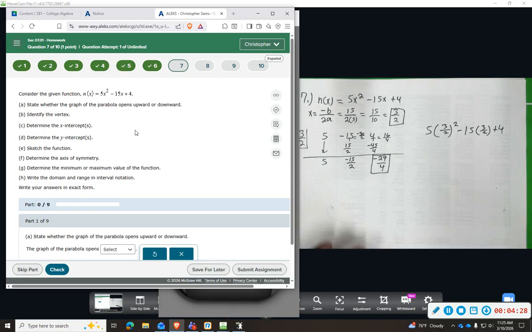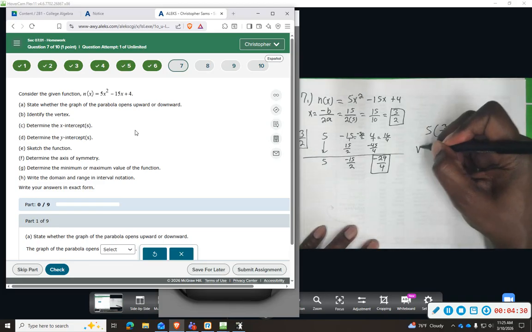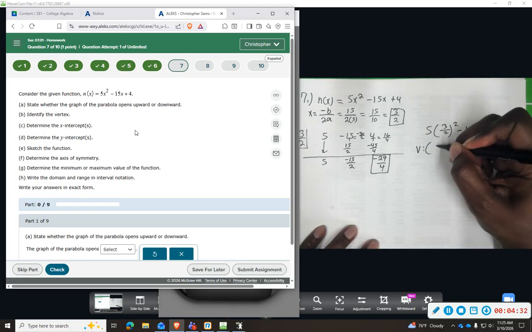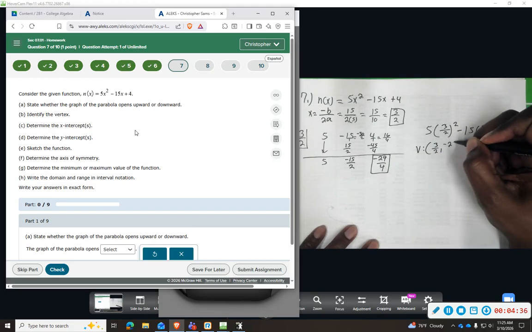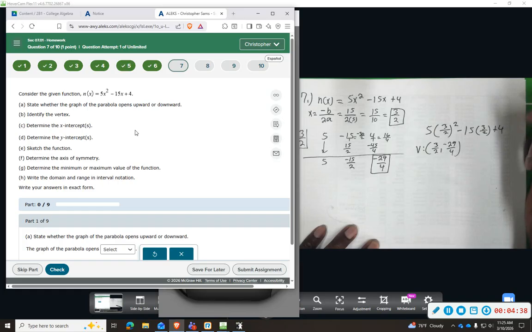So now we have our vertex: 3 over 2 and negative 29 over 4. This gives me a lot of information, okay? Parabola positive, so it opens up. We have a minimum.